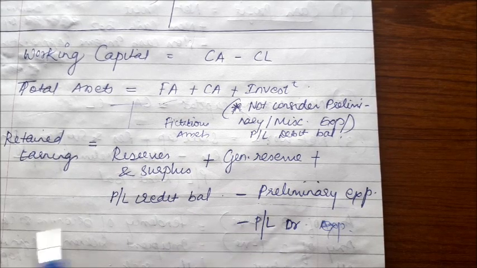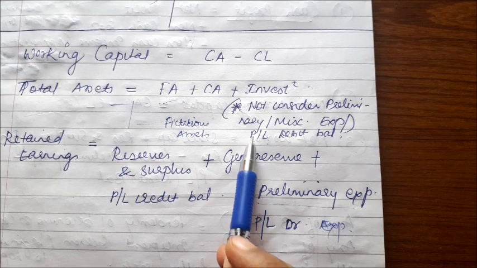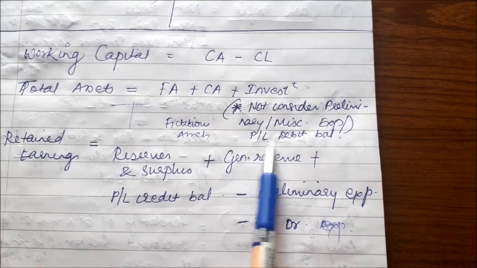The balance sheets provided in our questions are T-shaped, not as per Schedule 3 of the Companies Act, so they include preliminary expenses on the total asset side. But here we are not considering this portion.